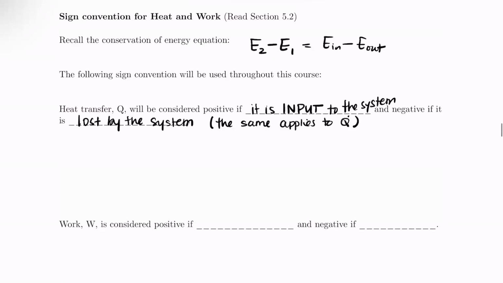So if I write this down formally, if Q is greater than 0, heat is input.